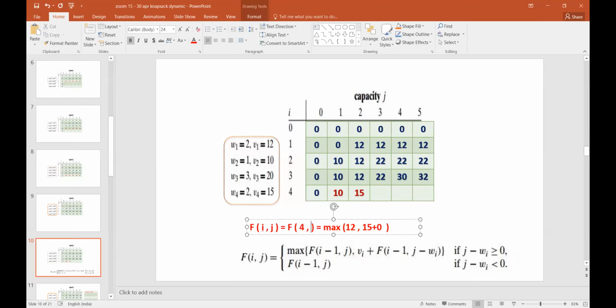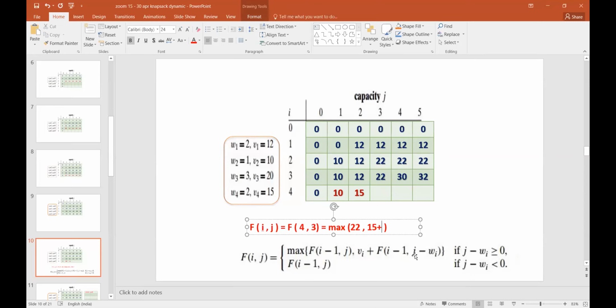I shall proceed. So I is fourth row only. J becomes 3 now. So we shall proceed again. I shall consider the previous value as it is, 22. If 22 is greater, or again I write V of I is same, that is 15. 15 plus, as it is, I will write F of I minus 1, which is 3 comma.